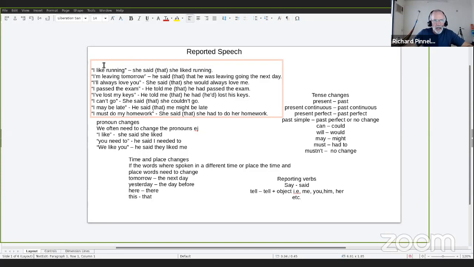The ones in quotation marks, I think I'll make them a different color. Direct speech. And the ones on the other side are what we call reported speech.